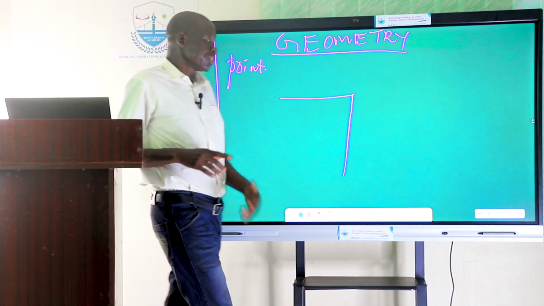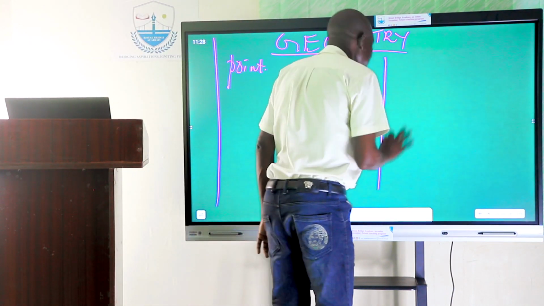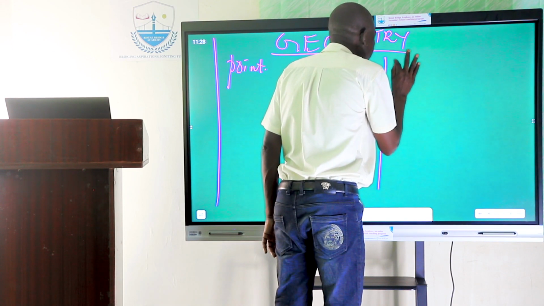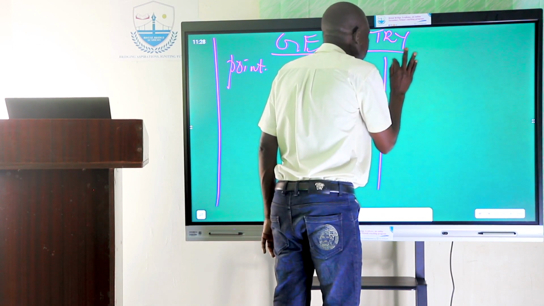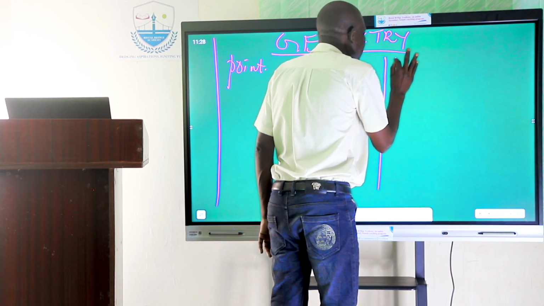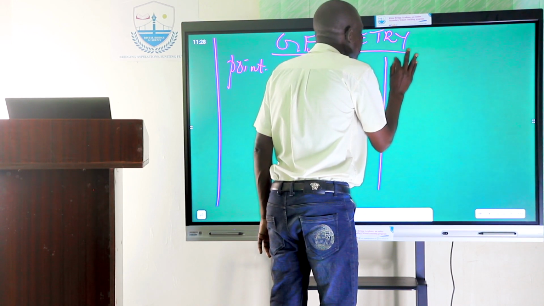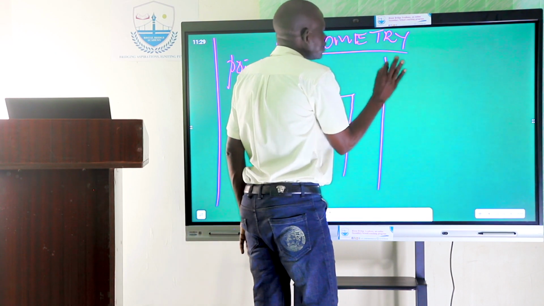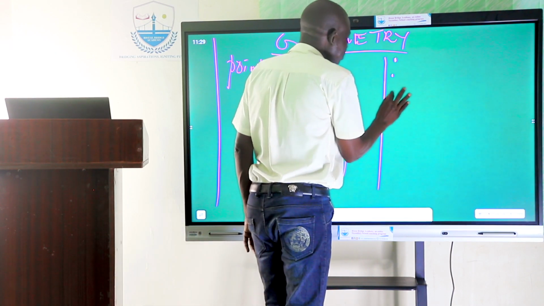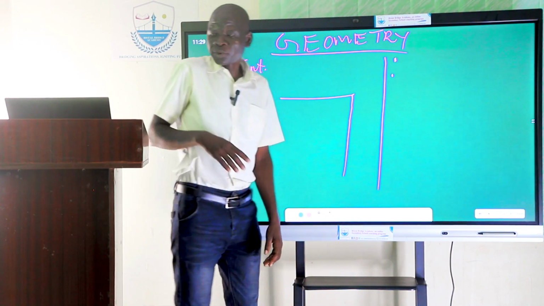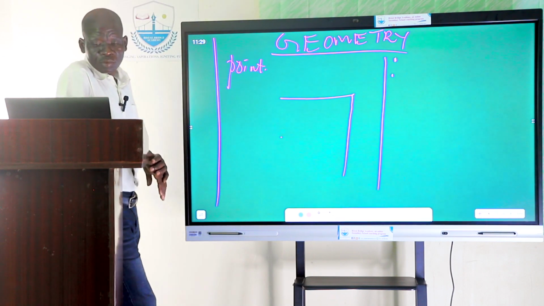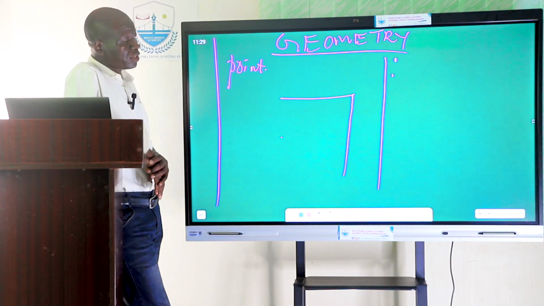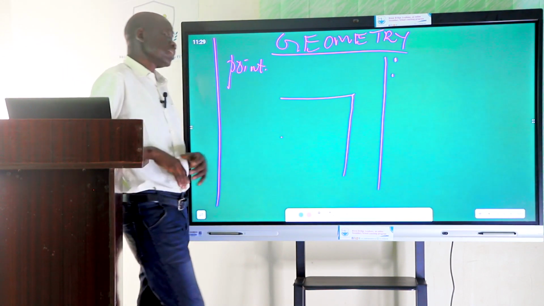Now a point is represented by simply a dot. When you see a dot, in mathematics, that one we call it a point. A dot like this. That one is an example of a point. So a point is represented by what we call a dot, and you can label it using a letter.